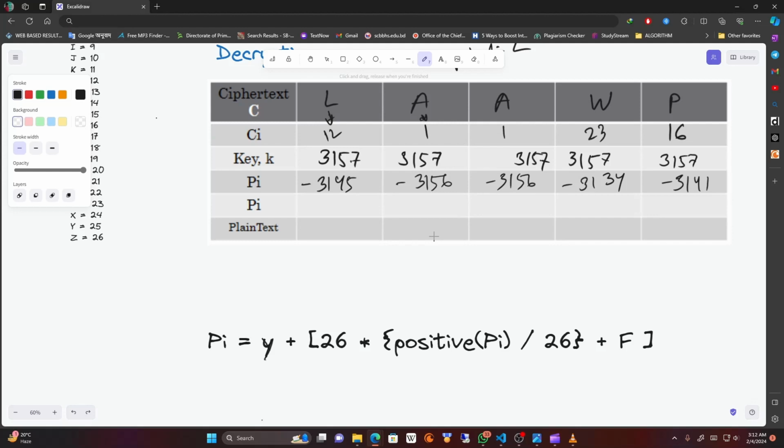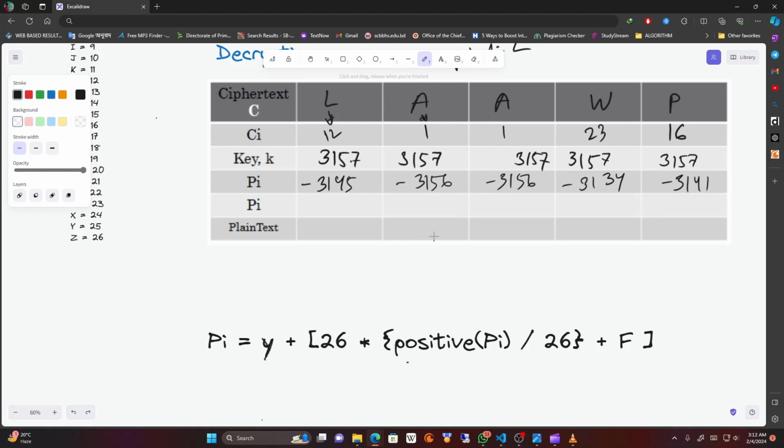After dividing by 26, if we get any fractional value, then in this equation we put enough in f so that we get the next integer value.